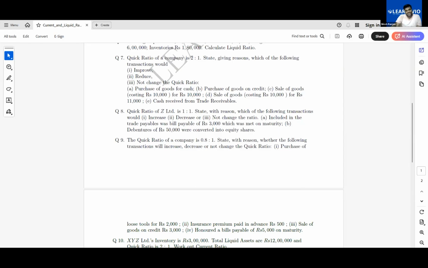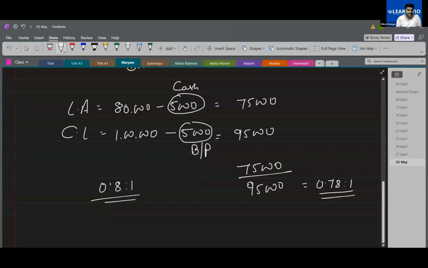And if I change the amount a little bit more, then you will see the impact. See here, it is 8,000 now and it is 10,000. Then also the ratio will be the same. 8,000 divided by 10,000, 0.8 is to 1.